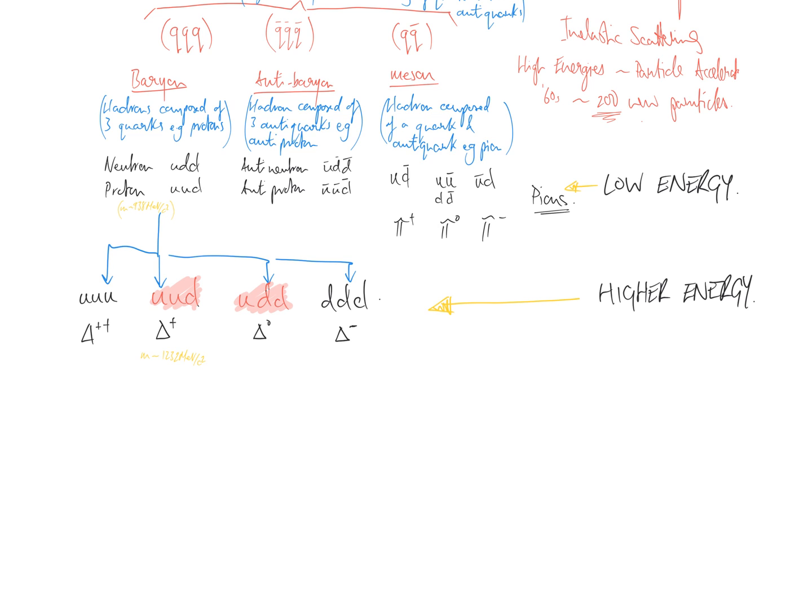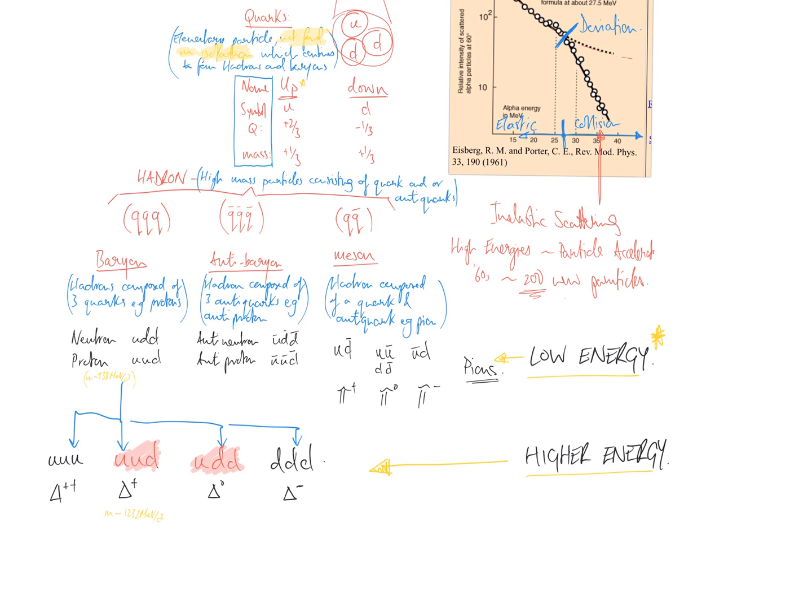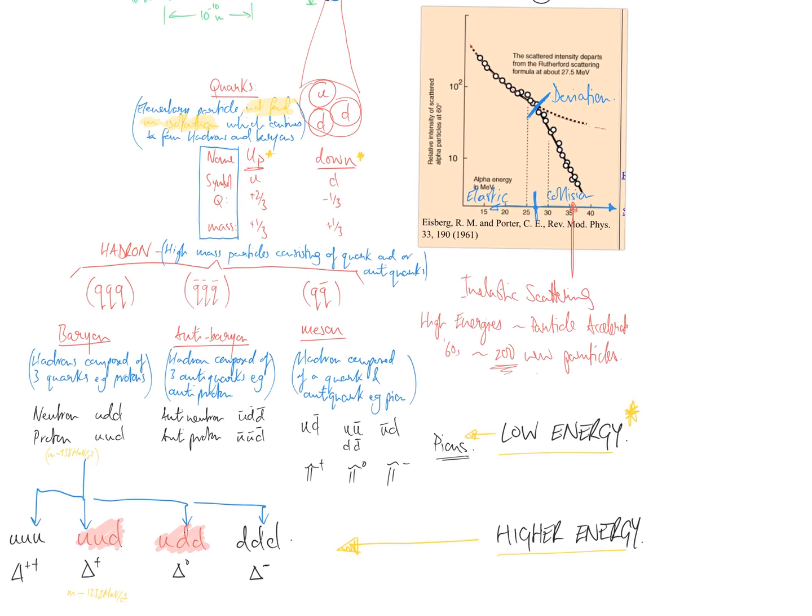Okay, now this high and low energy consideration, we are only really interested in the low energies. Those are the only ones that exist. These are the ups and the downs. However, once upon a time, and there still exists, but only when you have high energy collisions, others which are much higher energies.